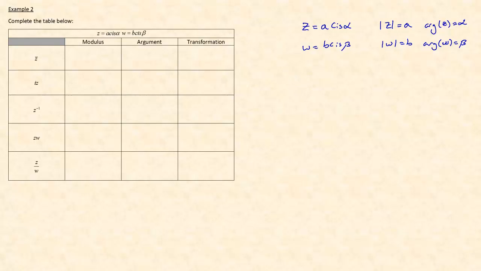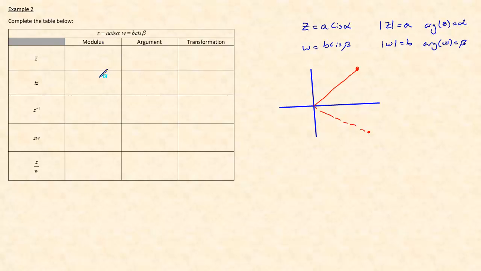So think about Z bar. That's the conjugate of Z. Now, if Z were, say, here, the conjugate would be down here, an exact reflection in the real axis, and that's because the imaginary part just changes sign.